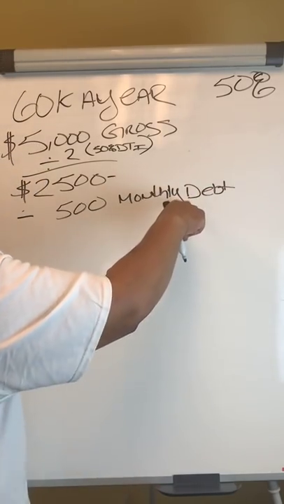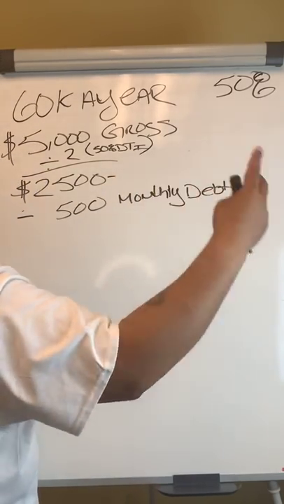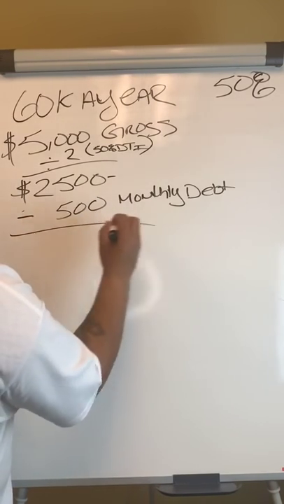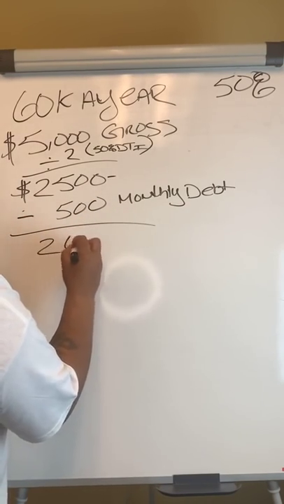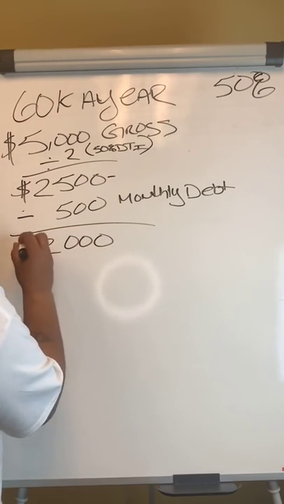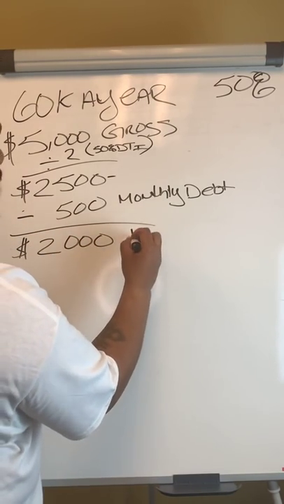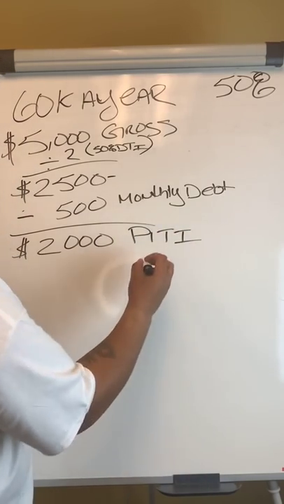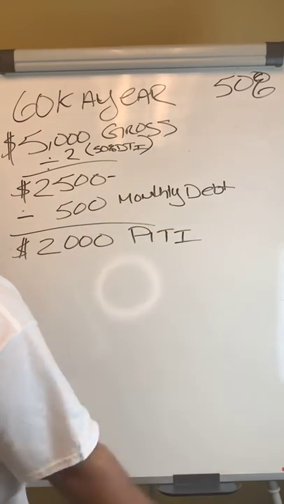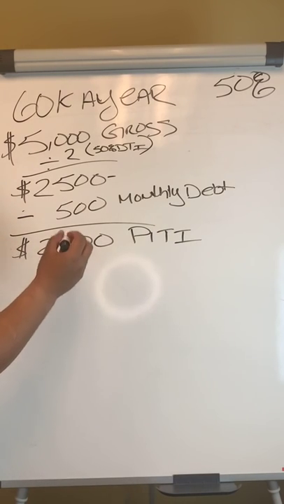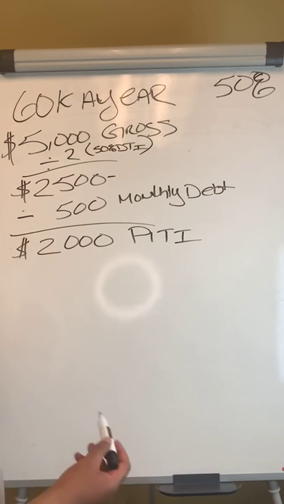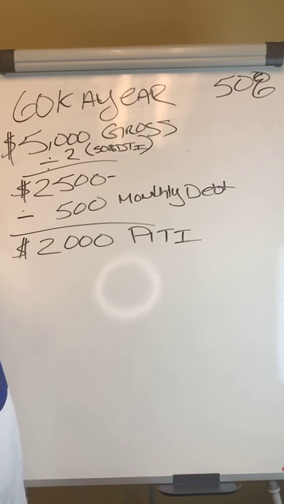Remember, monthly debt, I'm talking about credit cards, car loans, all of that. Let's just say it's $500. So that means your new mortgage payment, your PITI, principal, interest, taxes, and insurance, cannot exceed $2,000 a month. That's a 50% debt to income ratio.